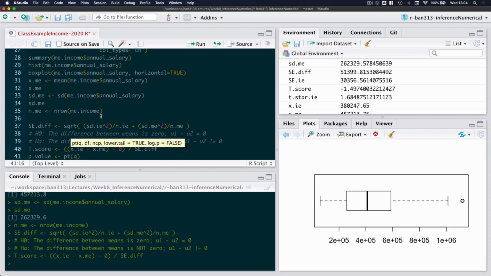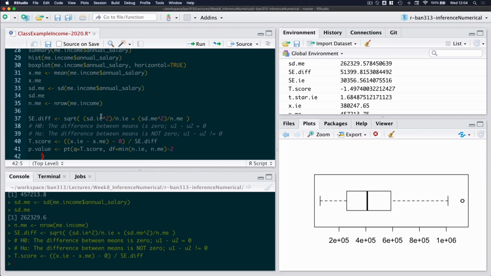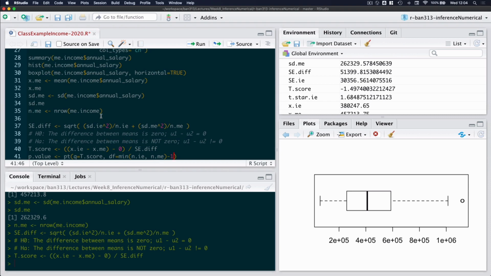And now I know what my quantile value is because I have calculated my t-score. My degrees of freedom is the lesser of NIE or NME minus 1.